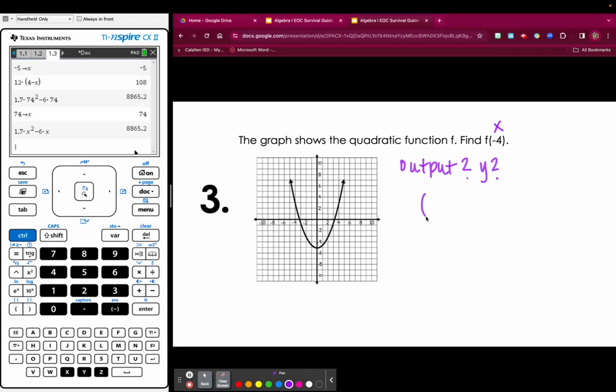So I want to complete this coordinate, -4, comma, what? I'm going to go over to my x-axis and go to -4. I go up to hit my graph, then go over to my y-axis, and I see that whenever x is -4, its y value is +3. So here, f of -4 is equal to 3.